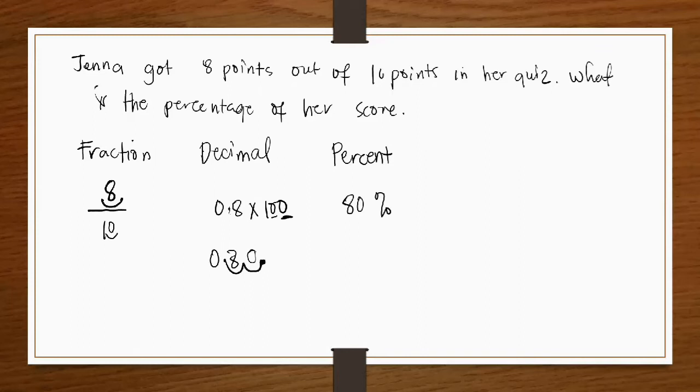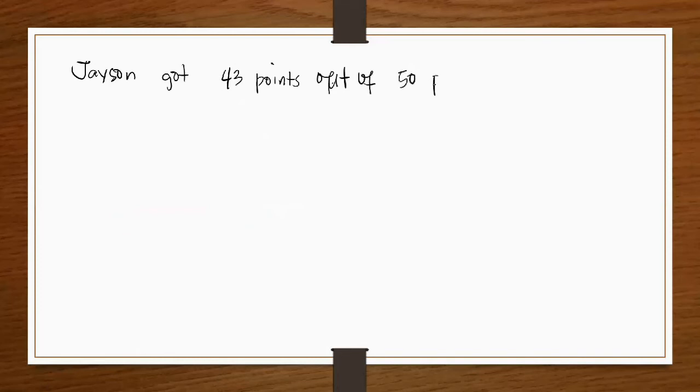Now, what if we have other points in quizzes also, or in your exam? So let's say Jason got 43 points out of 50 points in his examination.